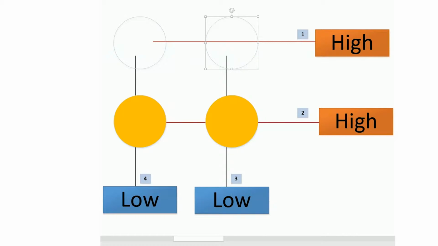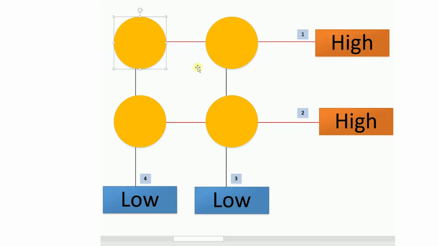So this would turn on. But since the column on the left is set to low and the top row is set to high, the top left LED will automatically turn on. So there is no way to turn these 3 LEDs on and this one off at the same time.